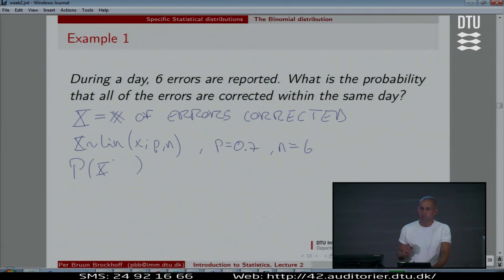Isn't that the probability that all errors are corrected? Isn't this the one? I would say. Well, that's an easy application of the binomial formula, because that would be 0.7 to the power of 6, right?